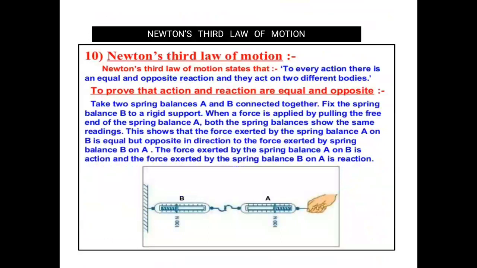Now, to prove that action and reaction are equal and opposite, we consider two spring balances A and B. The spring balance B is fixed to a rigid support, and we pull the spring balance A, which is the action, and we see the reaction in spring balance B. Both action and reaction are equal but in opposite directions. So the force exerted by spring balance A on B is the action and the force exerted by spring balance B on A is the reaction.